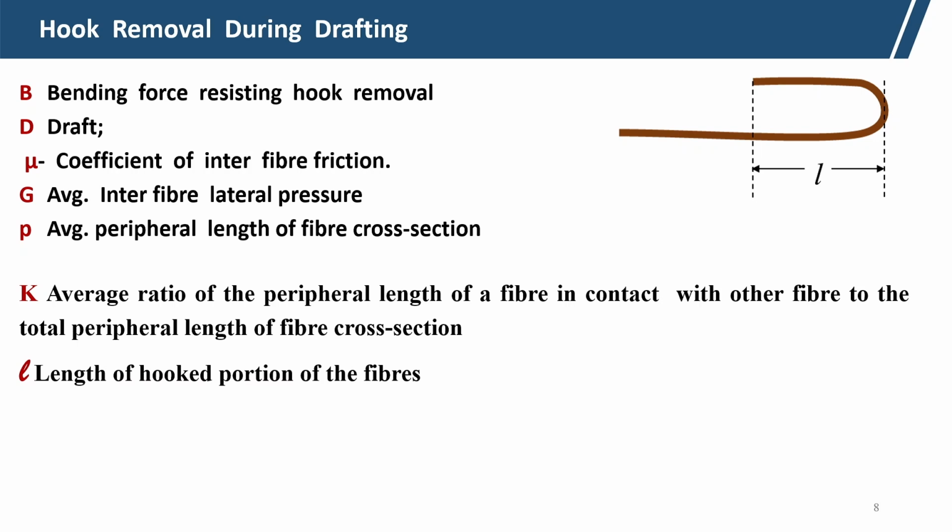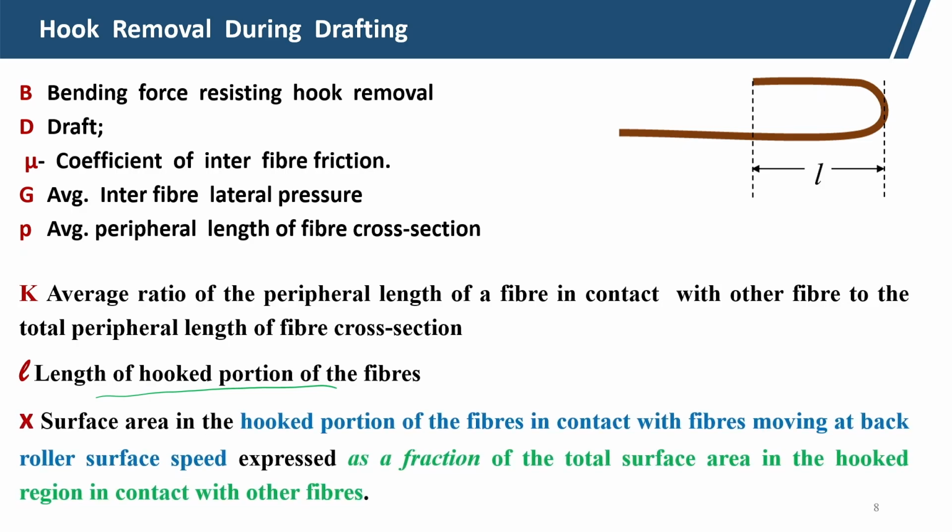L is the length of the hook, the hooked portion of the fiber, as it is shown, and x is the surface area of the hooked portion of the fiber in contact with fibers moving at the back roller speed.